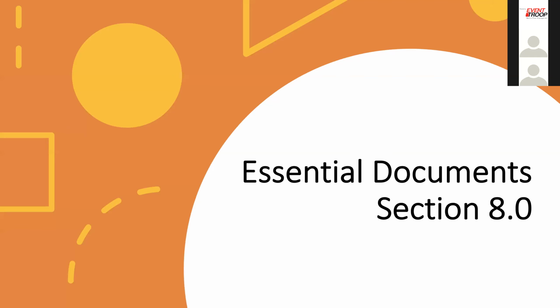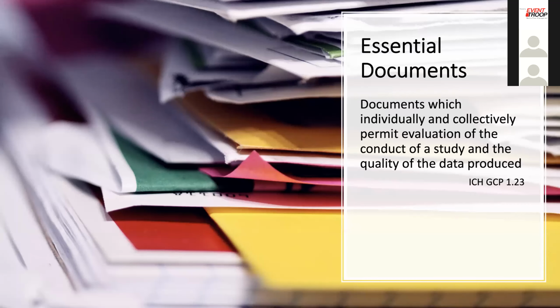So now let's move on to essential documents and what are essential documents. This is where section 8 tells us what essential documents are. And this is the definition. Essential documents are documents which individually and collectively permit evaluation of the conduct of the study and the quality of the data produced.